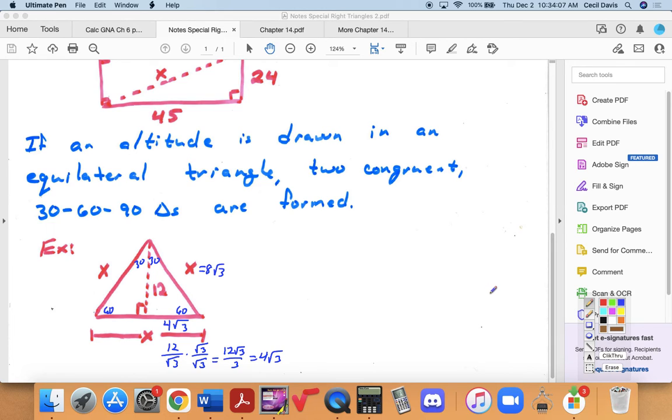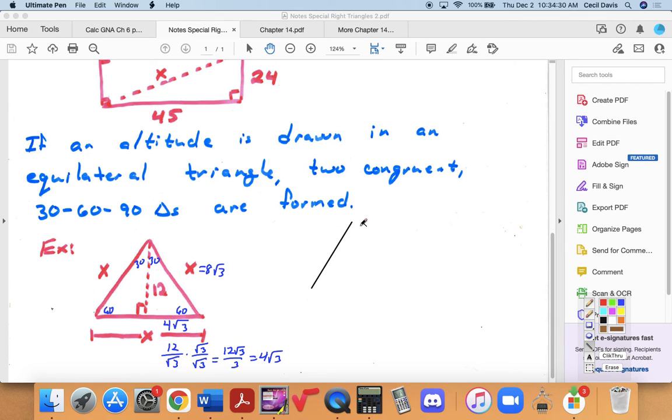I'm like, it's an equilateral triangle. Which means what? They're all the same. What they're thinking is, which side of the 30, 60, 90 triangle do you want me to tell you? I'm like, I want you to tell me a side of the equilateral triangle, which is 8 square roots of 3.